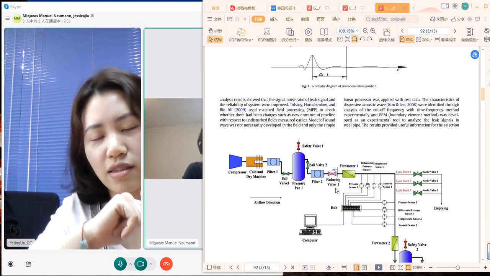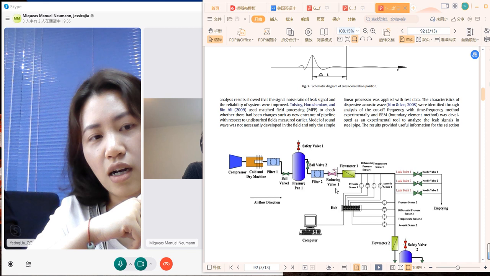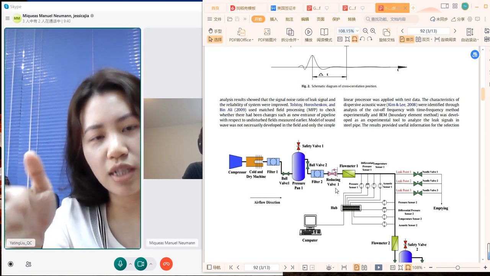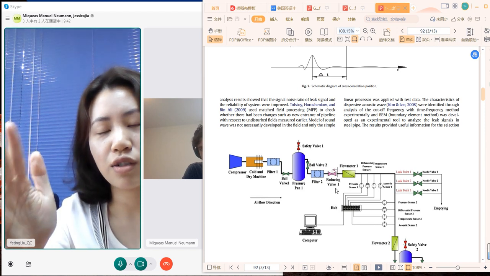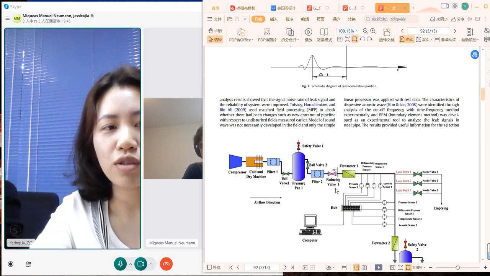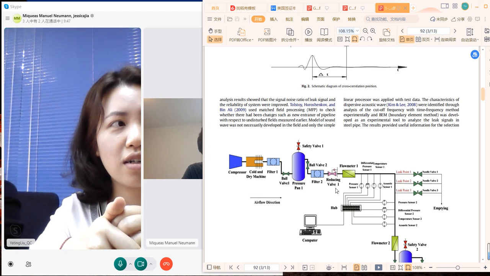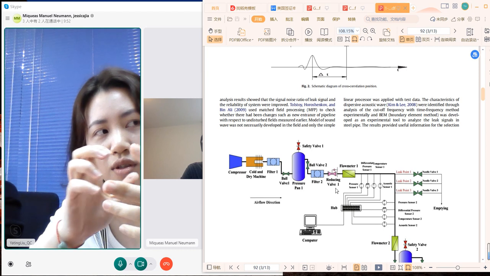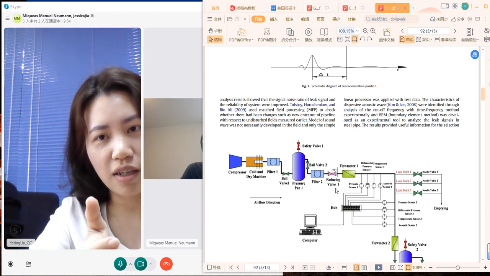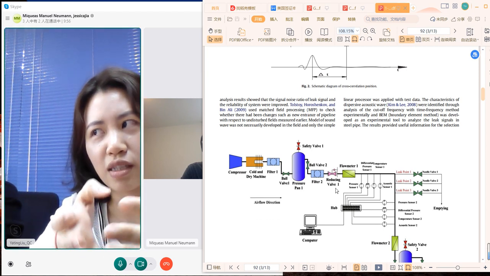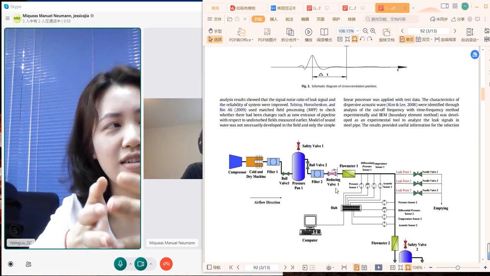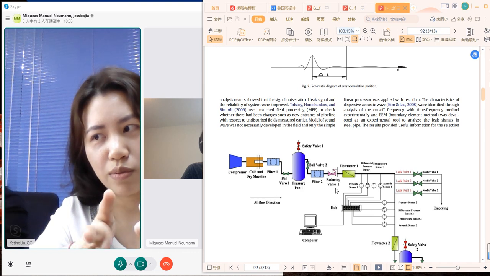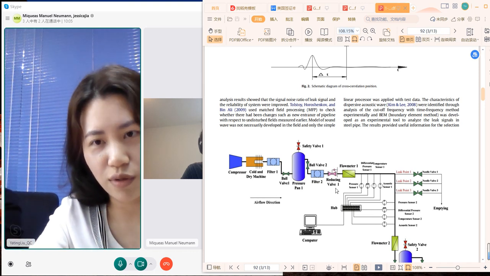Yes, I understand. So our DAQ module is designed for acoustic emission sensors. I'm not sure how it can work with the microphone. It will have to check the hardware connection or principle of the microphone.